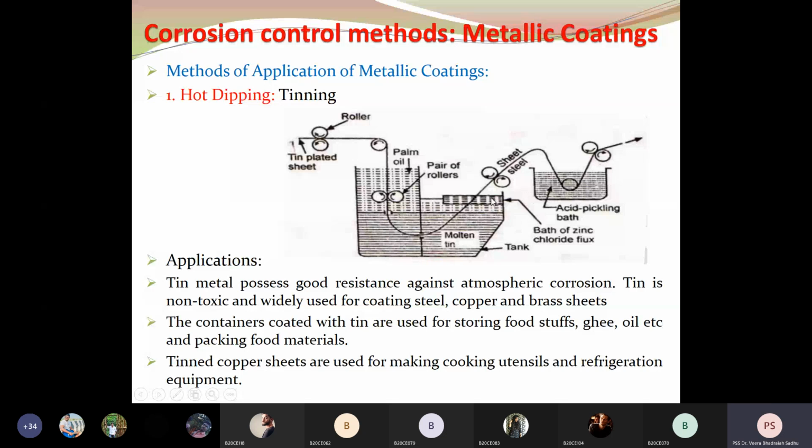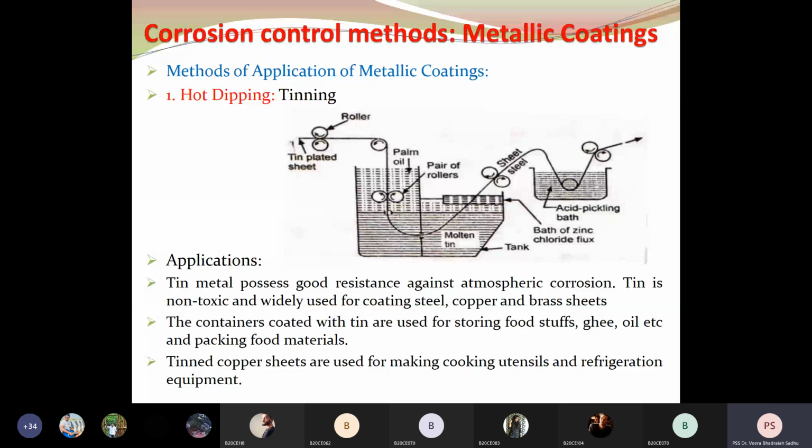Then the metallic sheets pass through the molten tin tank, and then palm oil. After palm oil, you get your tin plated metallic sheets. So this is the typical process of tinning.